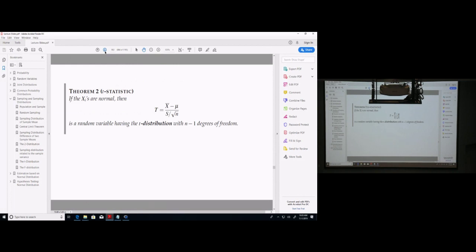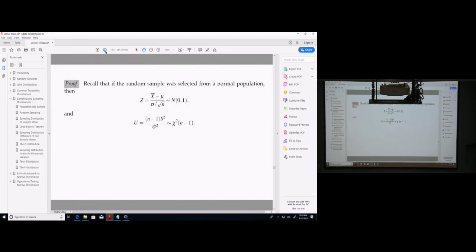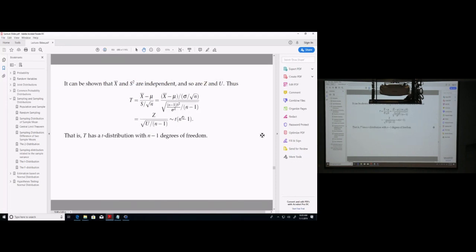So we are talking about this. We have to replace the sigma by the sample standard deviation. So we have this, and this is just explaining what's going on here.